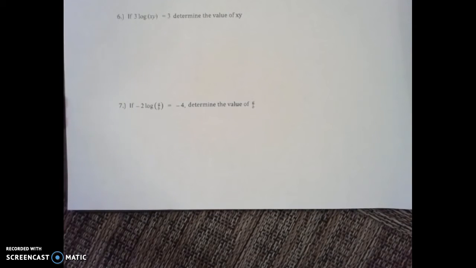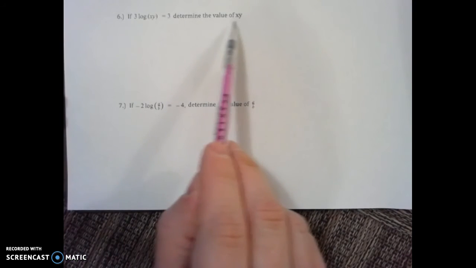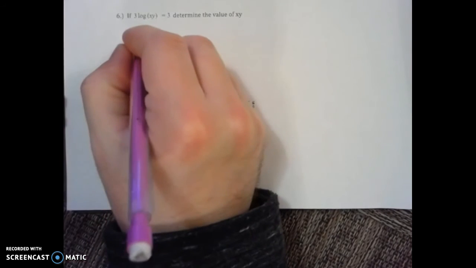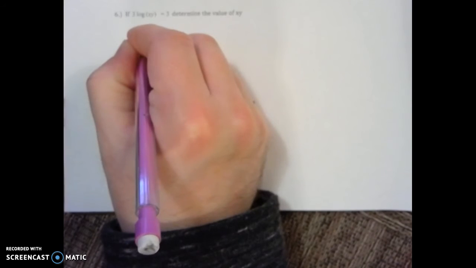In example 6, they tell me that if 3 times the log of xy is equal to 3, they want me to determine what the value of xy is going to be. Okay, so I'm going to rewrite this. 3 times the log of xy is equal to 3. And I'm trying to figure out what's the value of this x times y.